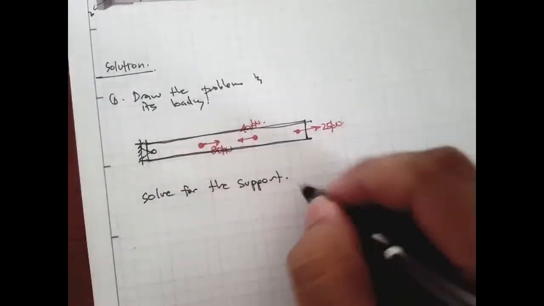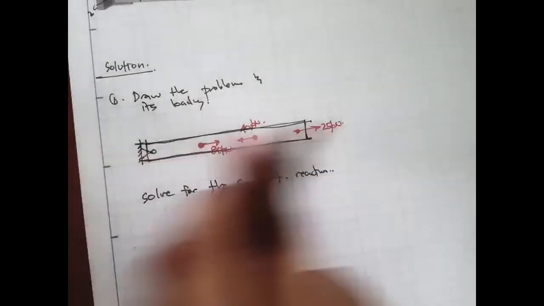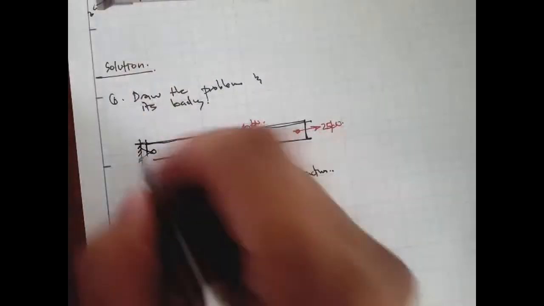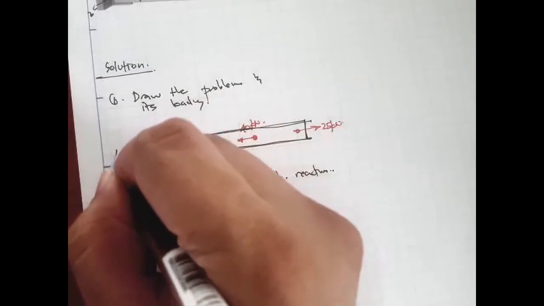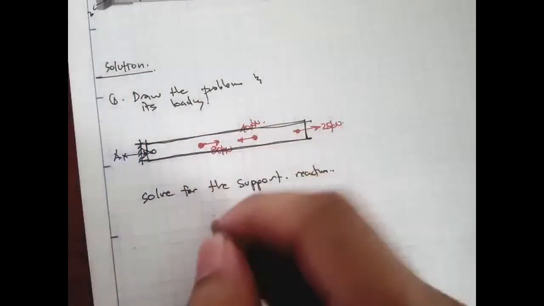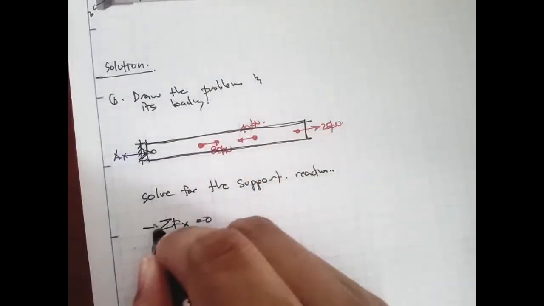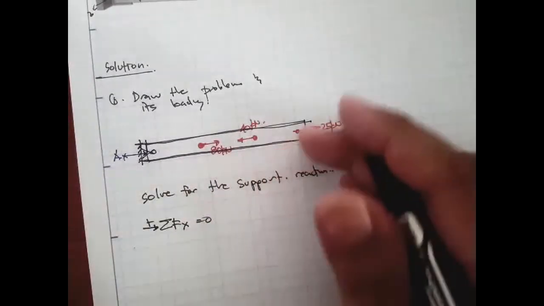So if these are our forces, our reaction will be right here, AX, since this is point A. Summation of forces along X is equal to 0, and let's assume that all forces going to the right are positive.